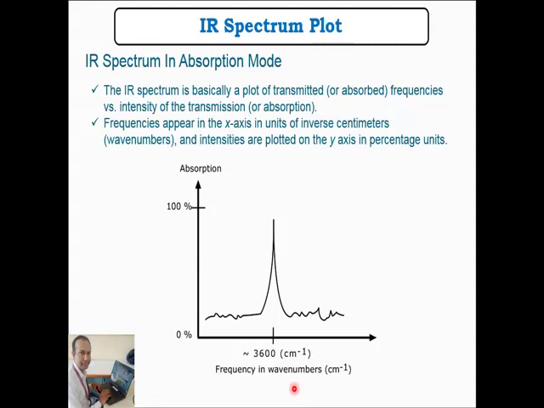Frequencies appear on the x-axis in units of inverse centimeter, that is wave number, and the intensities are plotted on the y-axis in percentage units.